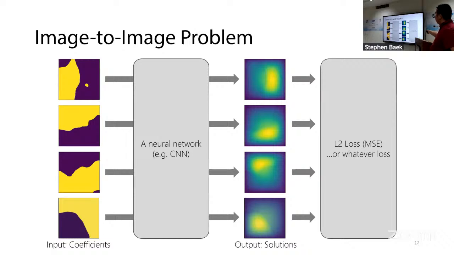And then you train that model with some sort of a loss function. It can be an MSE loss, mean square error of the predicted values, or it could also be some other loss function that you can define. So at the end of the day, neural operators is nothing more than just an image-to-image neural network. Hope you're disappointed.